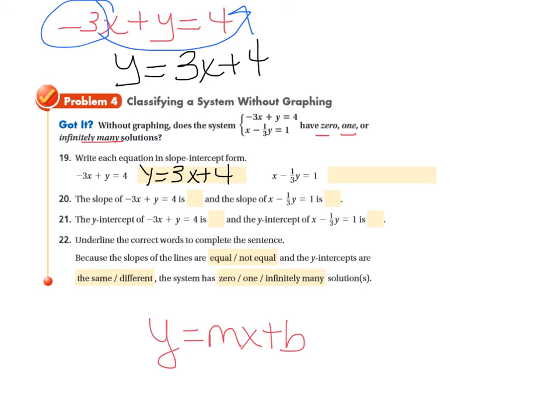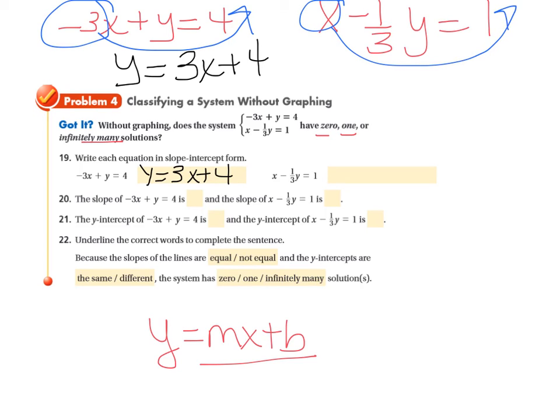Now my second equation. Same thing, I've got to get y by itself. I've got to get it in slope-intercept form. So I have to move my x over to the other side. When it gets over to the other side, I now have a -x plus 1. But now I only want a y, and I have a negative 1/3 in front of that y. So I have got to multiply both sides by -3.